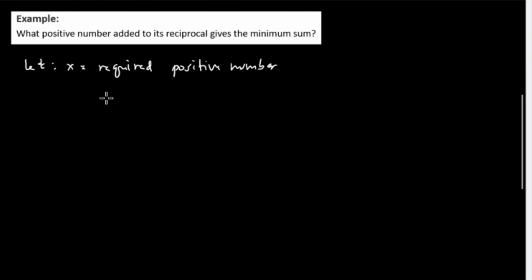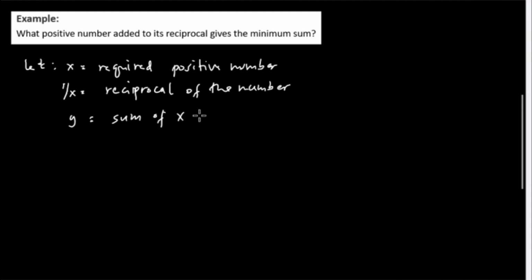Next, the reciprocal, which is 1 over x, and this is the reciprocal of the number. And we presume that y is the sum of x and the reciprocal 1 over x.